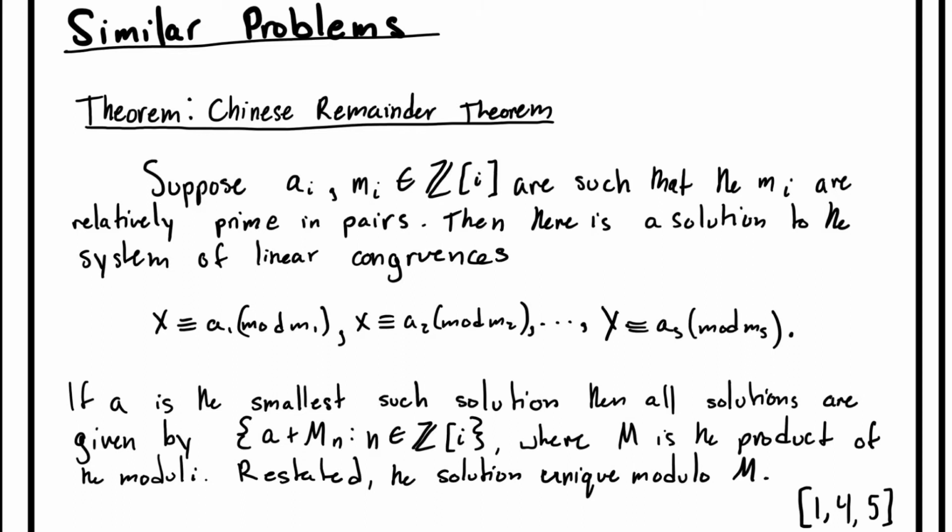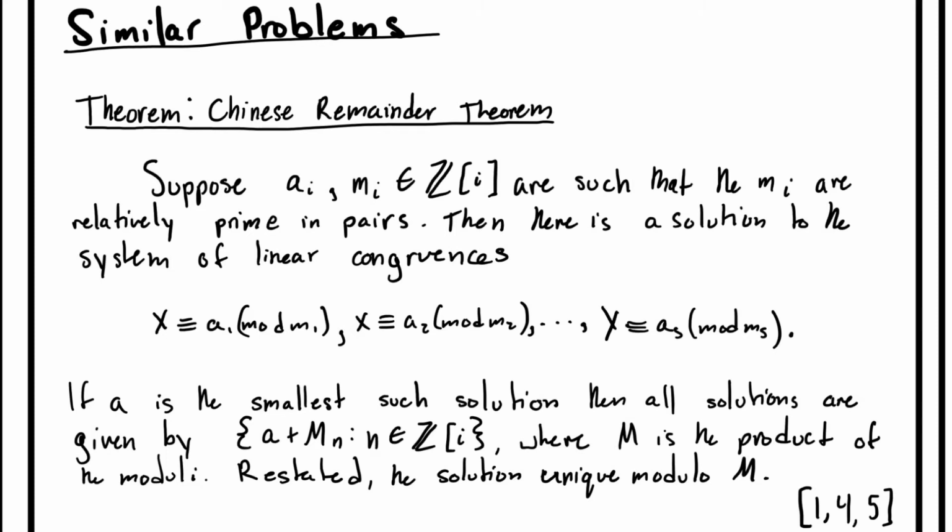The other piece of information that Gethner et al. use is a theorem, the Chinese remainder theorem, which is supposing that a_i and m_i are contained in Z[i], and you're supposing they are such that the m_i are relatively prime in pairs.